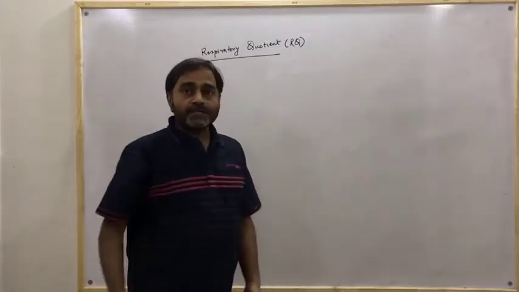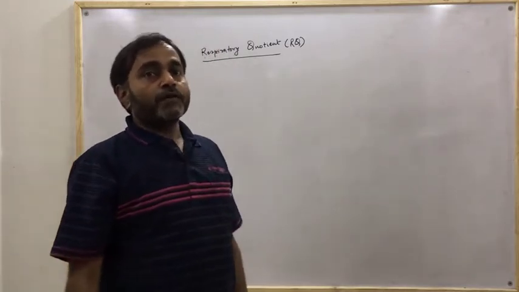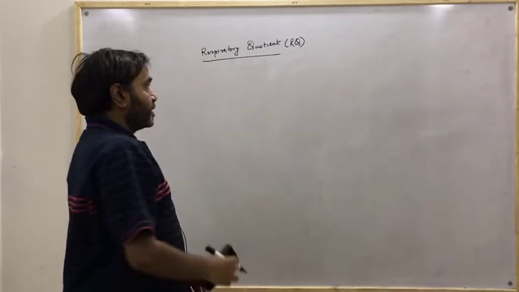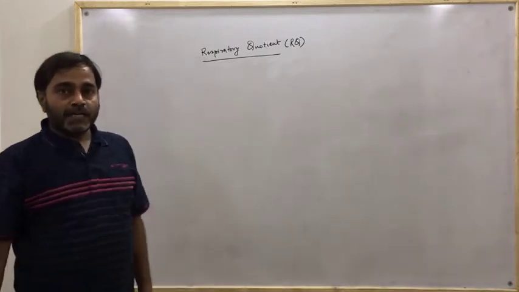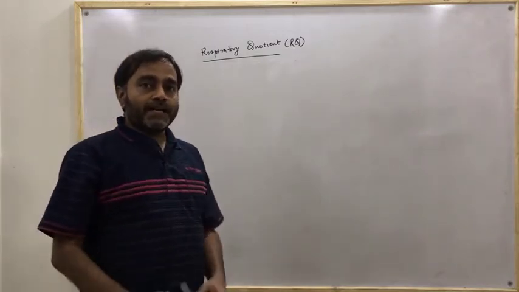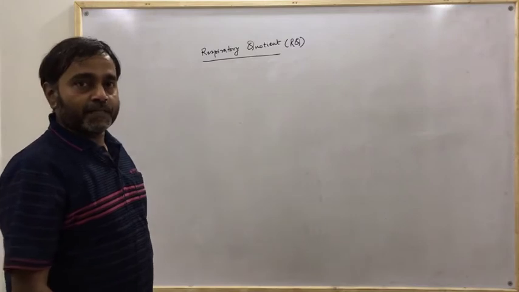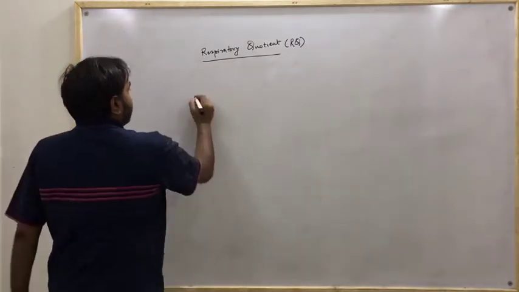So likewise we may calculate the respiratory coefficient value for fats, that is lipids, and we know that in animals particularly triglycerides are found, and the important triglyceride found in animals like mammals is tripalmitin.